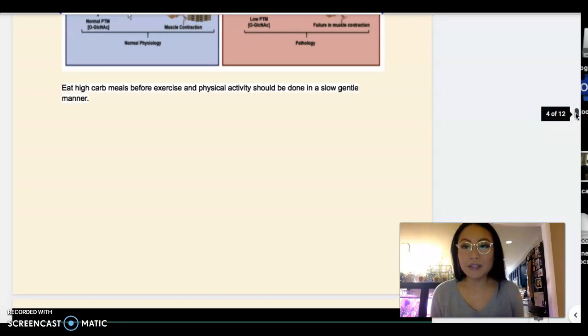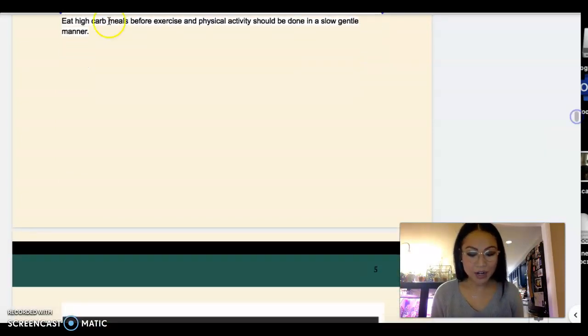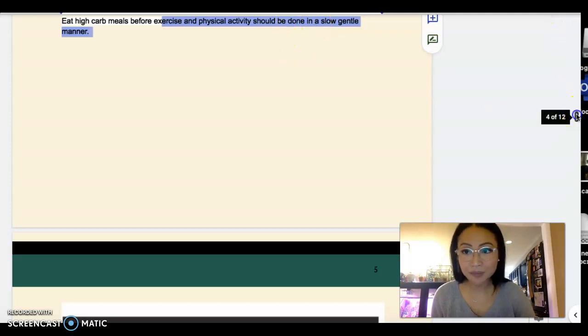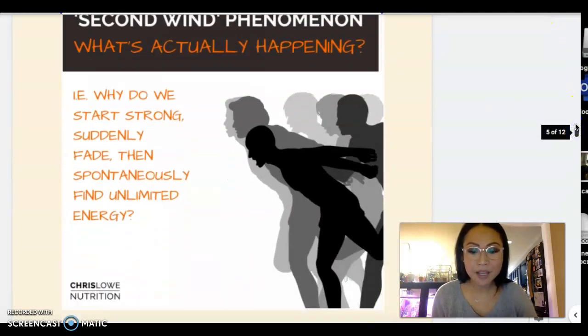However, evidence has demonstrated that eating a high-carb meal or snack prior to a moderately intense aerobic workout actually reduces these symptoms. Physical activity should be done in a slow, gentle manner and slowed down.